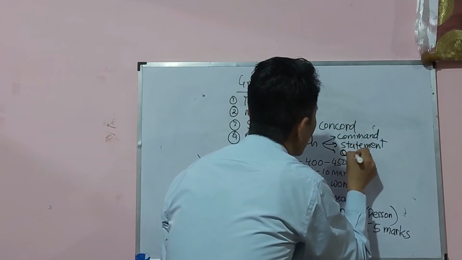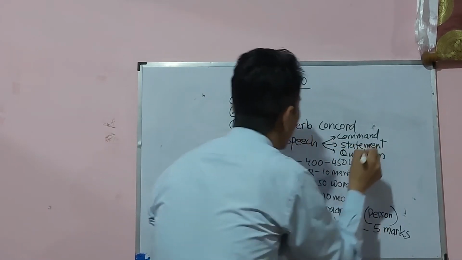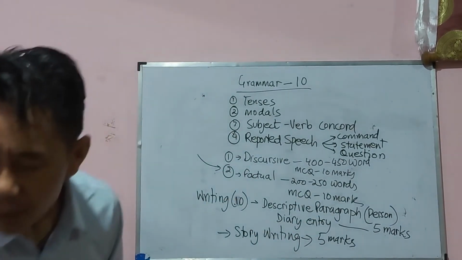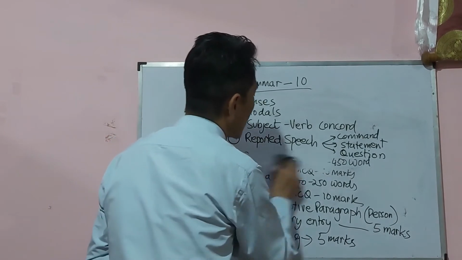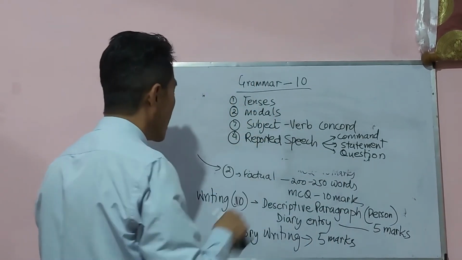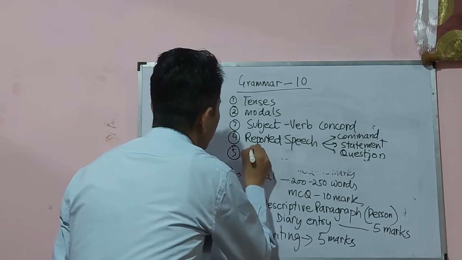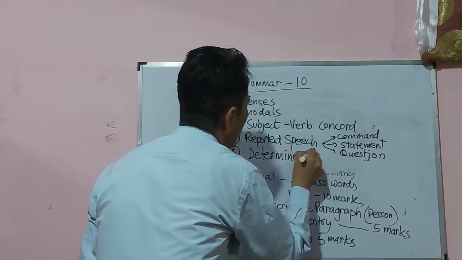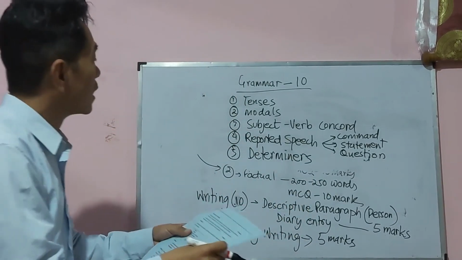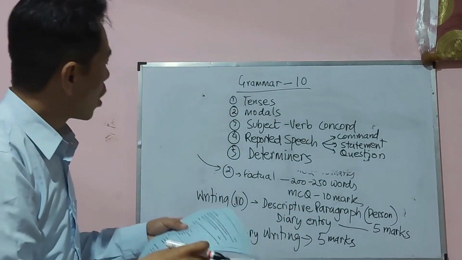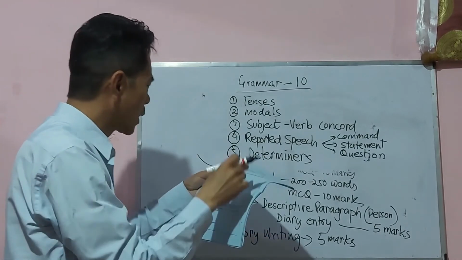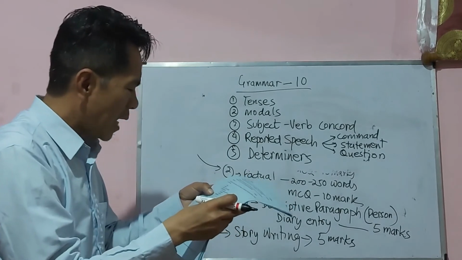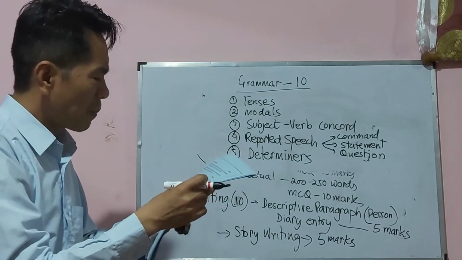These are the things you have to keep in mind regarding reported speech. And finally, the last topic in the grammar section is determiners. So in the grammar section, these are the topics: tenses, modals, subject-verb agreement, reported speech, and determiners.